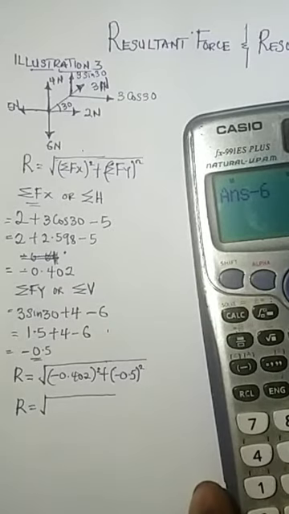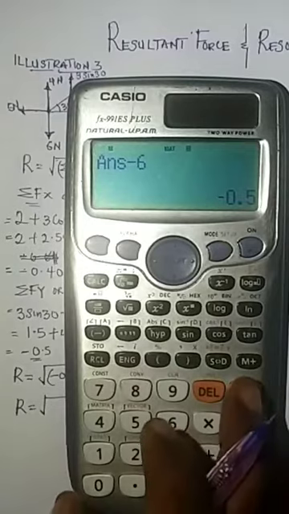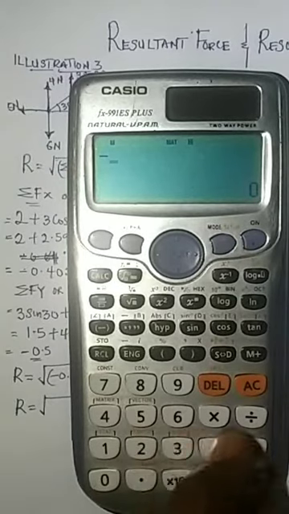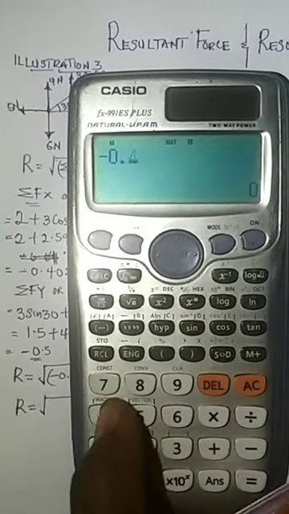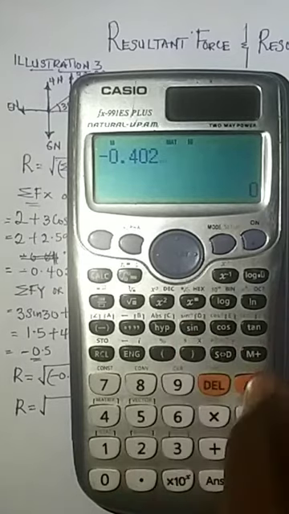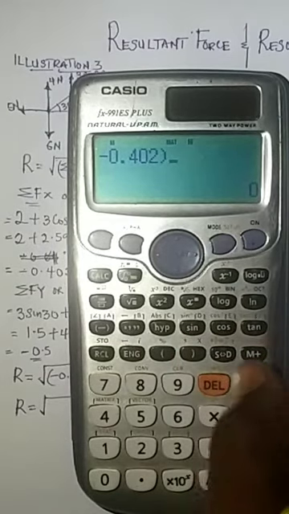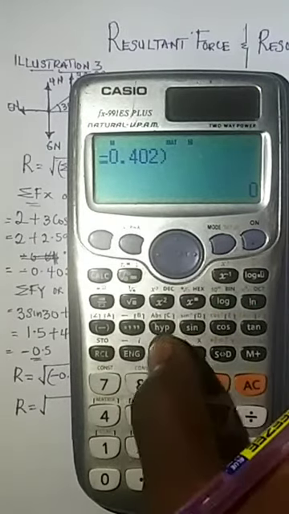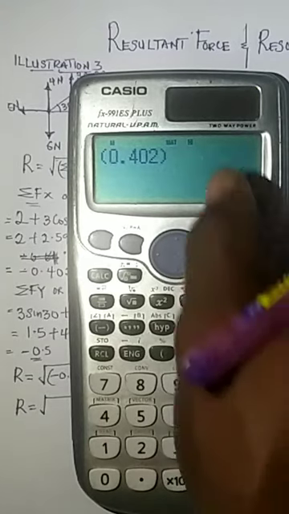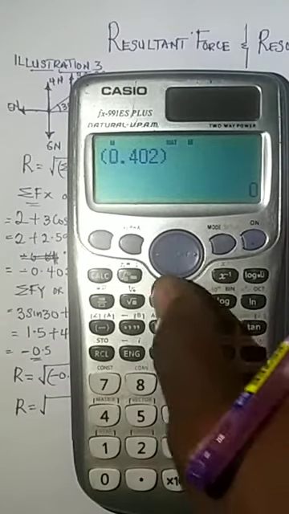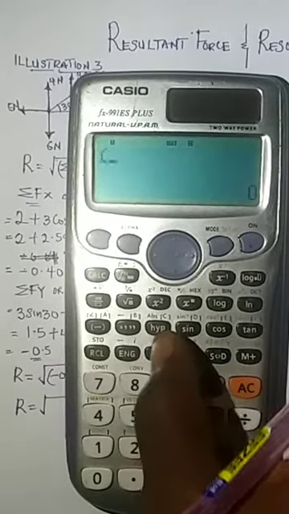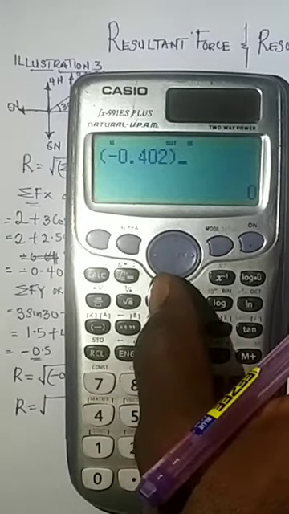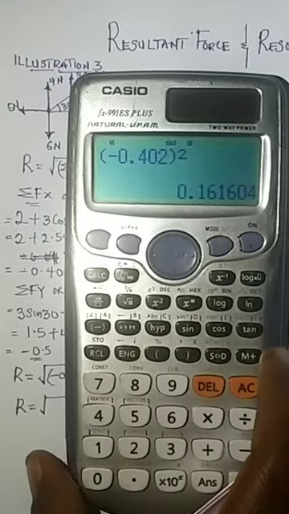Now if you press minus 0.402, you must put them into brackets for you to understand how it goes. Put in my brackets, then I put my square, minus 0.402 all squared. That gives me 0.616.